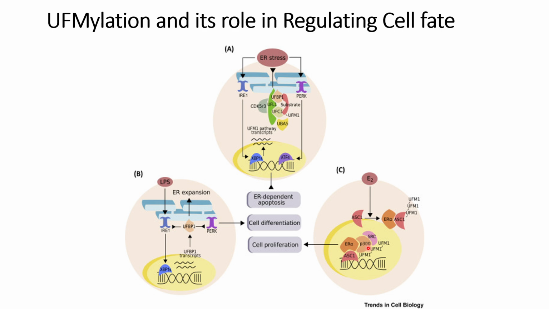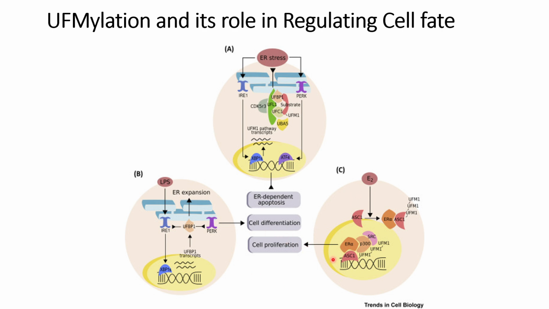This P300 and SRC complex has a role towards cell proliferation and upregulation, and this complex formation happens in a way that it upregulates the proteins that help in cell proliferation.